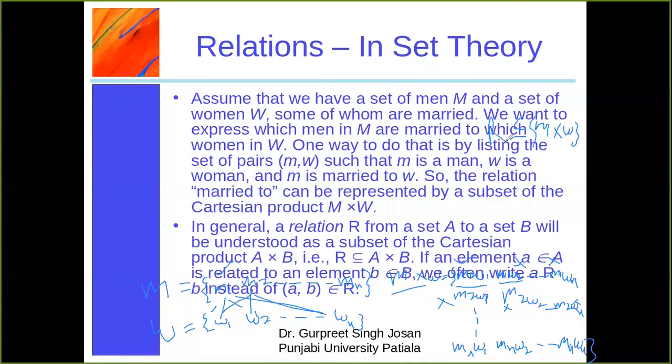So I move to the next page. Look, assume that we have a set of men. Now this is all theory. Assume that we have a set of men M and a set of women W, some of whom are married.